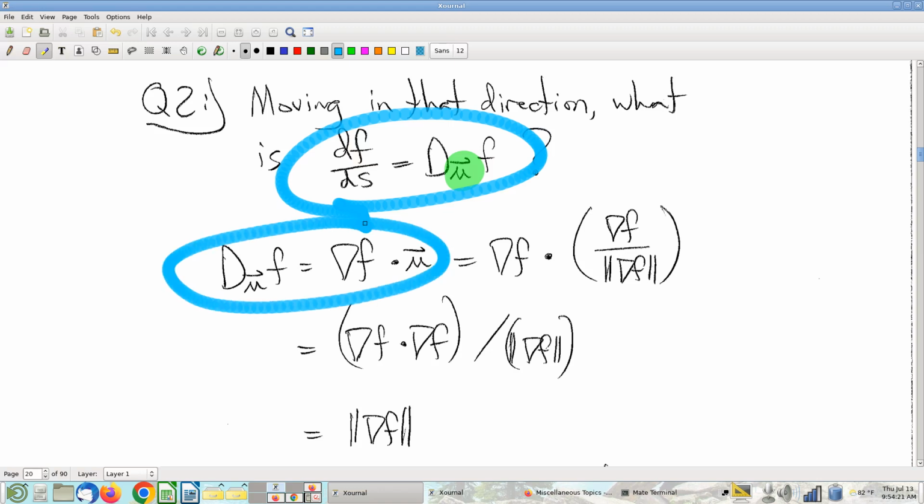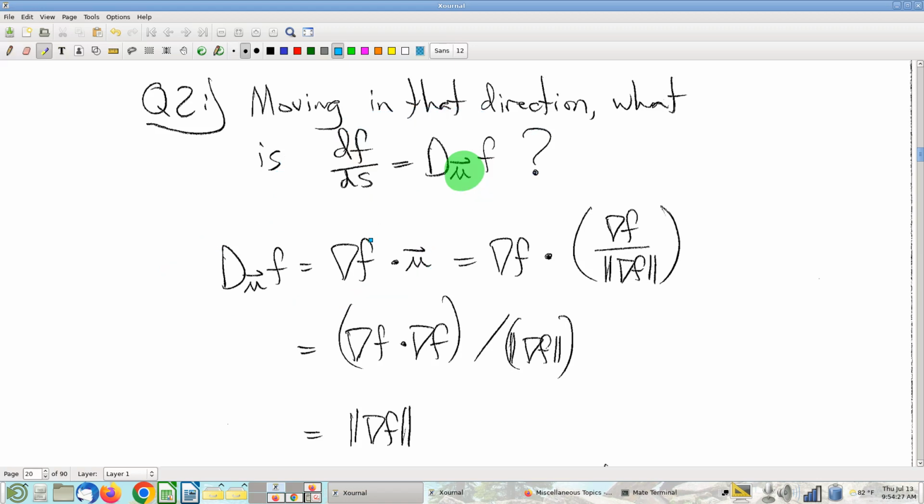Well, we have a formula for directional derivatives. I can straight up punch this up because I have a formula for my recently decided direction vector, this u that we computed on the previous page.